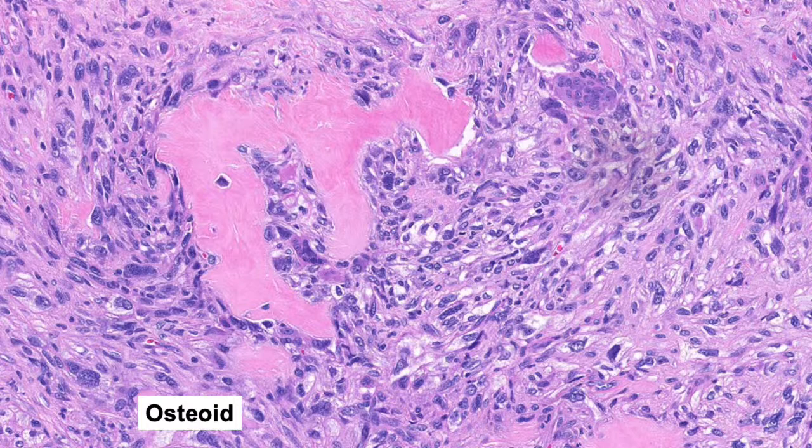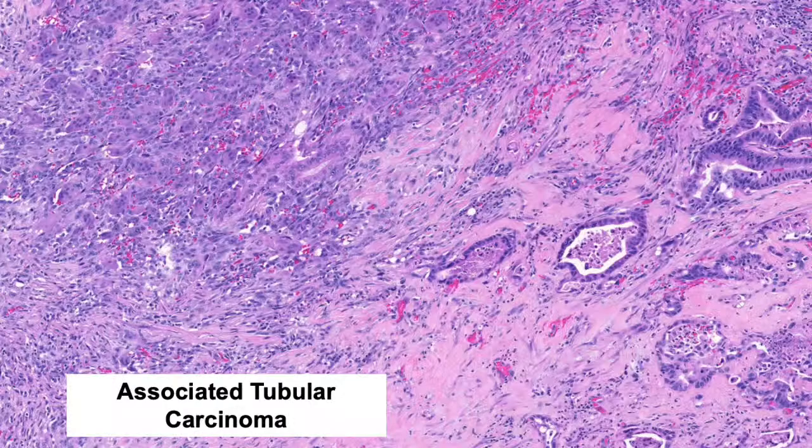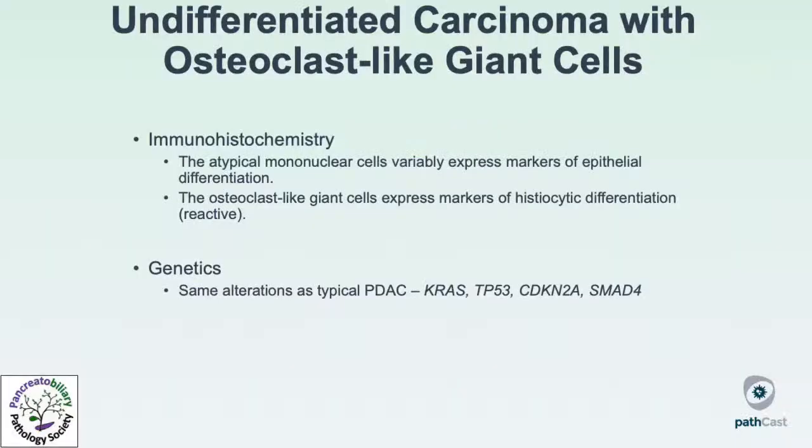These carcinomas can have areas of osteoid formation, as seen here. And as I mentioned, they can be associated with a tubular carcinoma. So in this slide, you can see the kind of typical PDAC component on the right that merges with the undifferentiated carcinoma with osteoclast-like giant cells component on the left. So immunohistochemically, the atypical mononuclear cells variably express markers of epithelial differentiation.